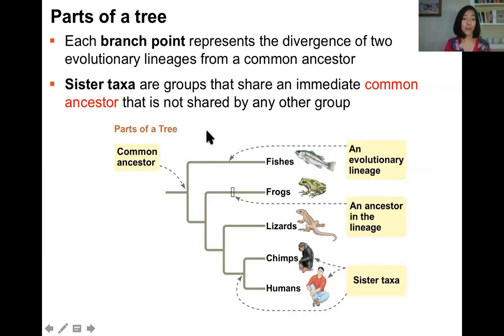Let's learn how to read phylogenies. In a phylogeny, we are going to have a common ancestor, and this is going to be a branch point that represents the divergence of two different lineages.